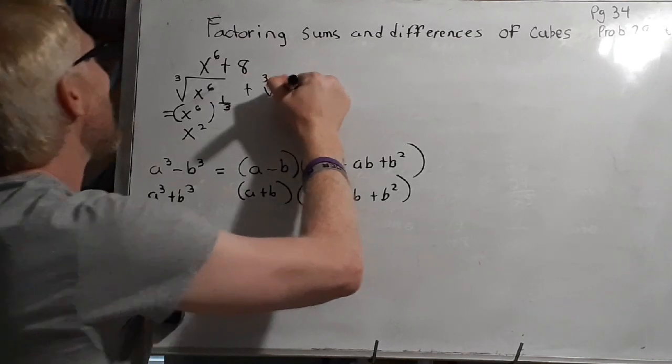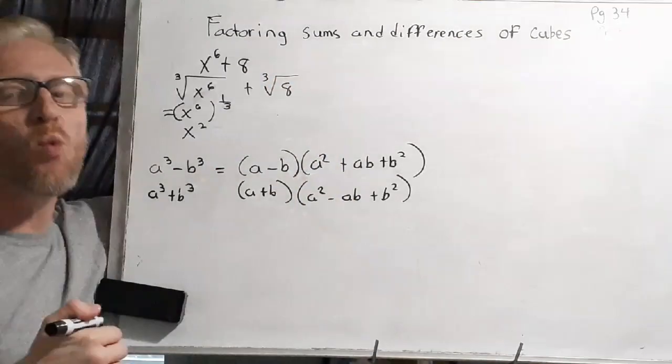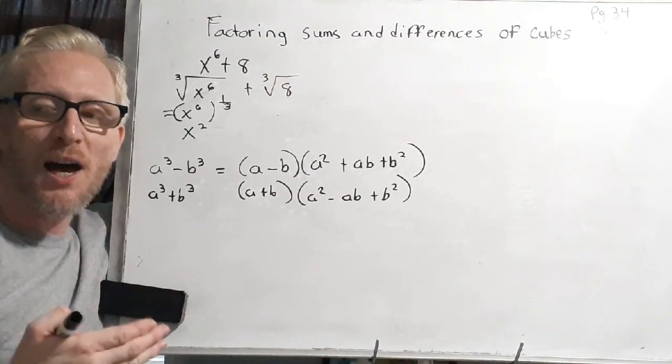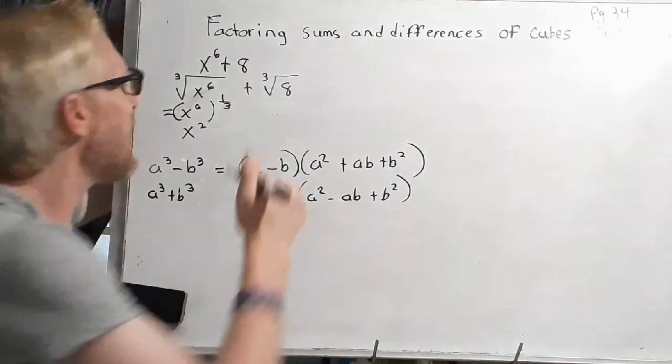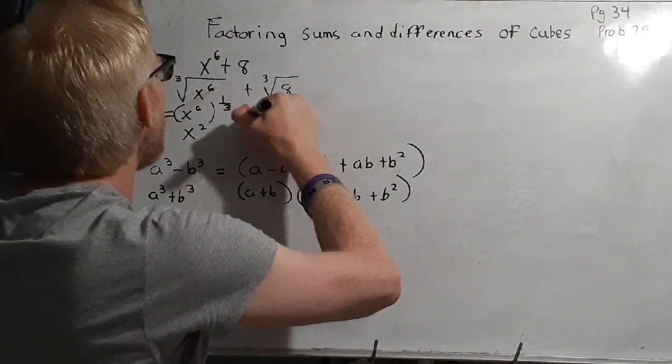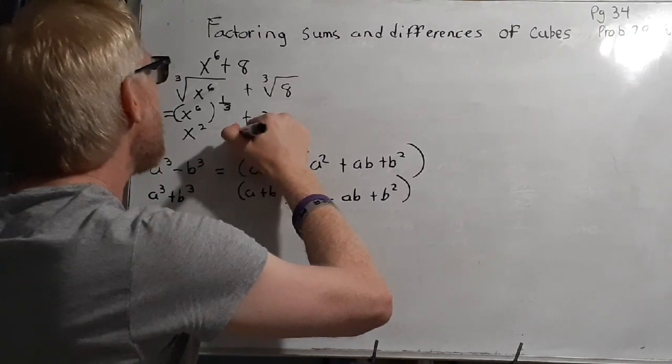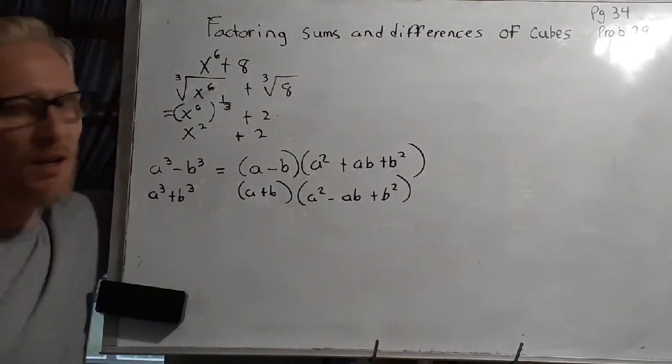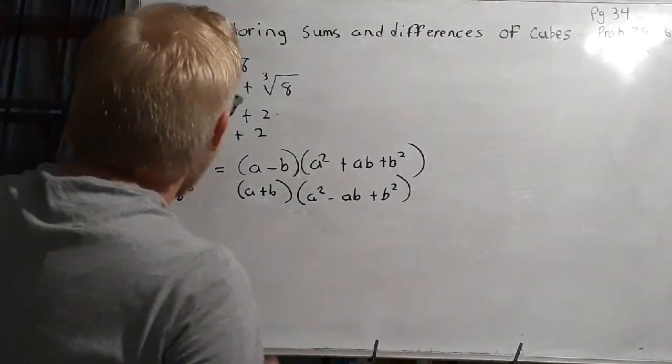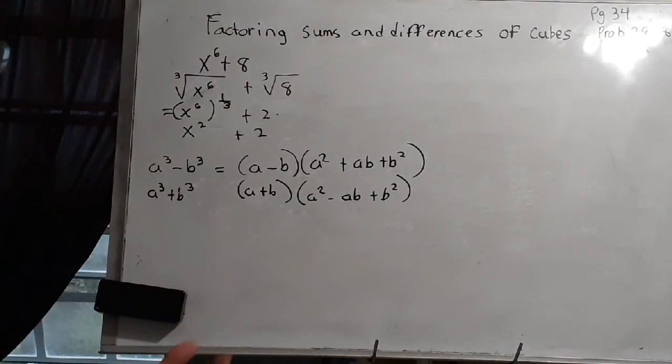Now the cube root of 8 is basically asking me what number multiplied by itself 3 times equals 8, and the answer is 2. So plus 2. Okay? So I have A and I have B, and all I need to do is plug them in.